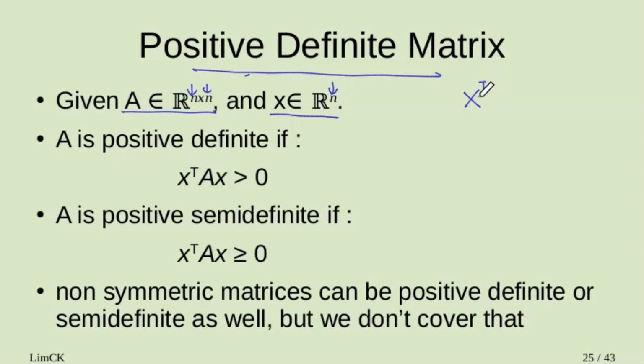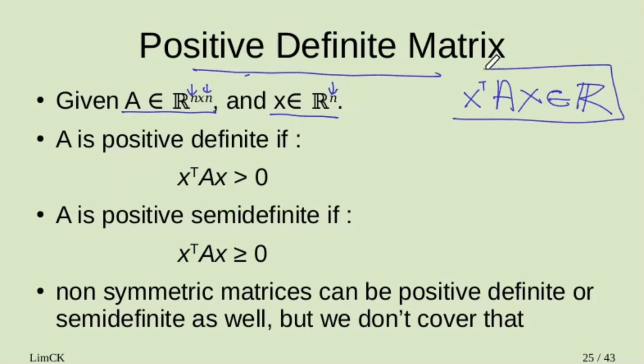We have the transpose of a vector product with a vector if their dimensions allow, and then we product with the vector itself again. This will always produce a real number. Not a vector, not a matrix, but just a real number, a scalar.